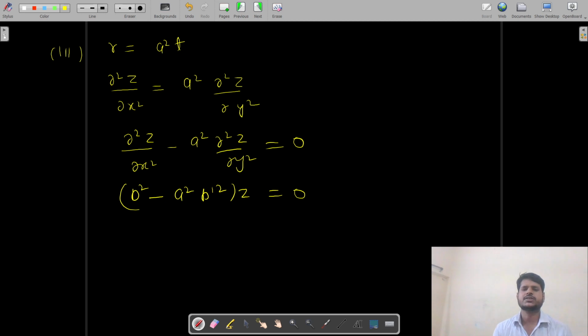Here capital D square minus a square D dash square, which is equal to 0. So this is the problem we have. Now, how can you write the solution? In this case you have to write the auxiliary equation.